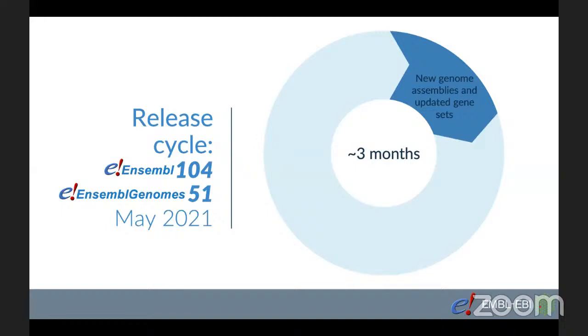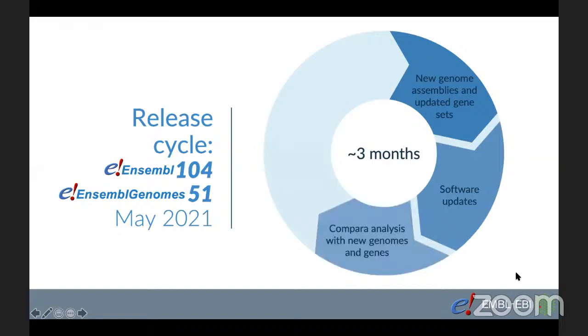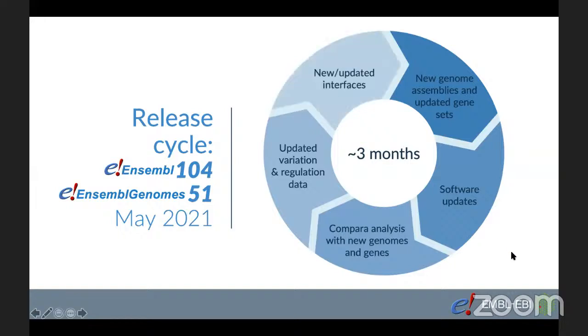We run our gene annotation pipeline on those new genomes. We also update our software. We then rerun our comparative analysis on this new data and update our variation and regulation data. And then finally, we package it all up and display it in the browser.